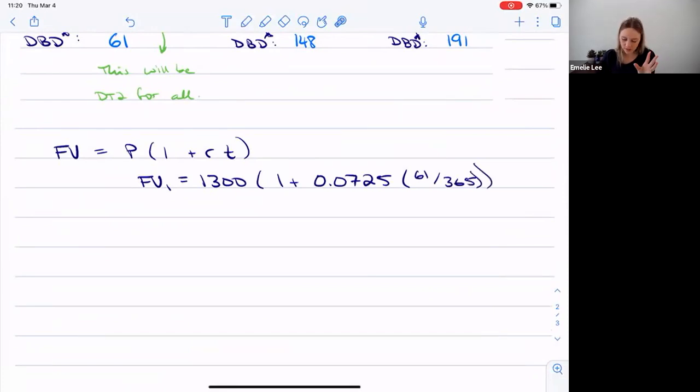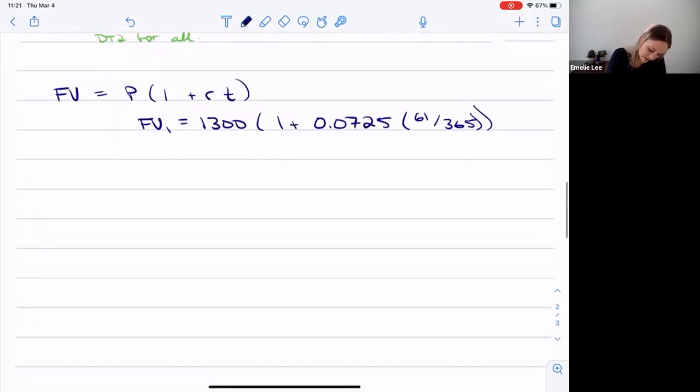Remembering BEDMAS, right? How I do this is I simplify 61 over 365 and then I multiply by 0.0725. The order here doesn't matter, but you do need to simplify this lump first before you add it to 1. So that's going to be really important.